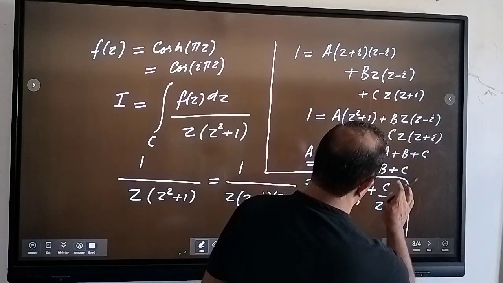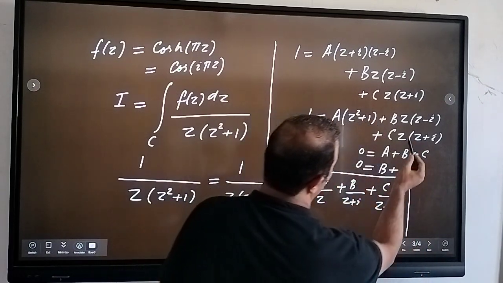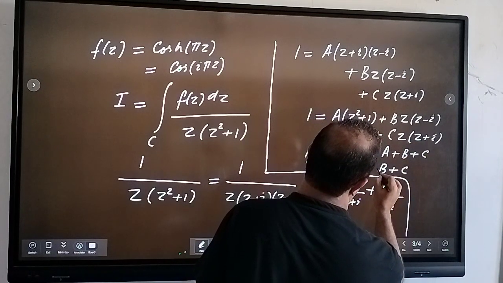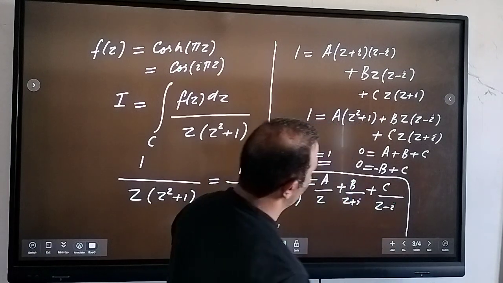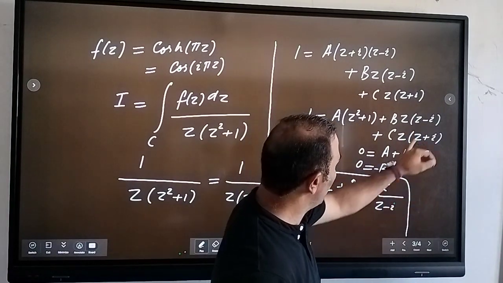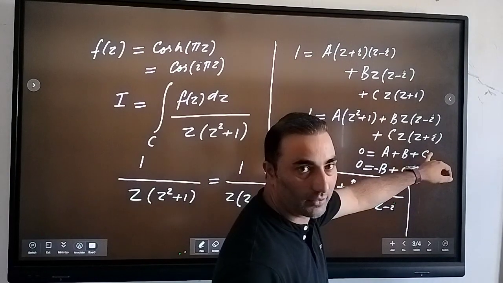It will be minus iota b plus iota c, because iota will cancel on both sides.